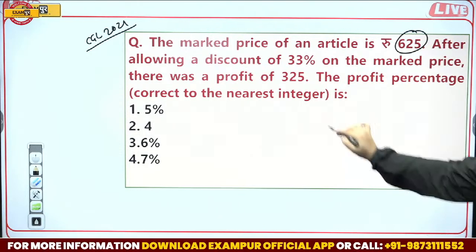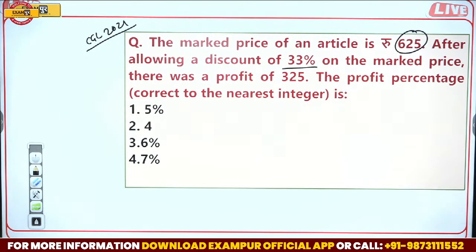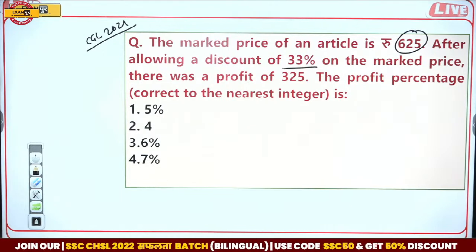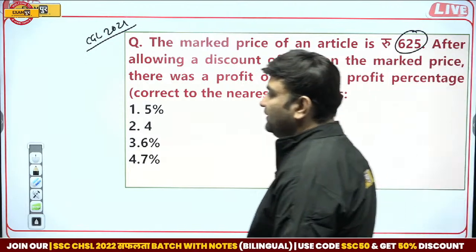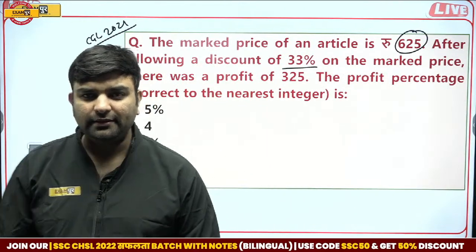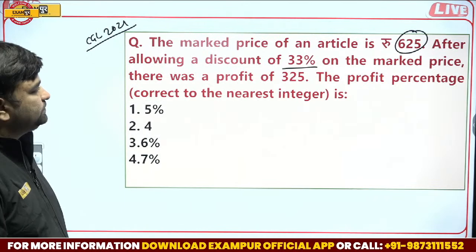MP given, first discount known, profit of 325. I personally believe it would be correct, I think.